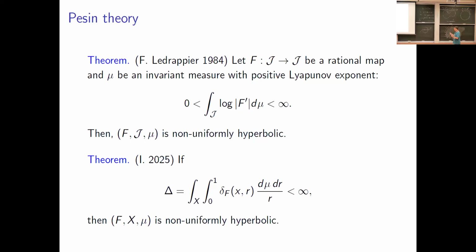So for rational maps, they have finitely many critical values. Rational maps are very simple. And so one recovers Lyubich-Przytycki's theorem. One can also apply this to transcendental dynamics.